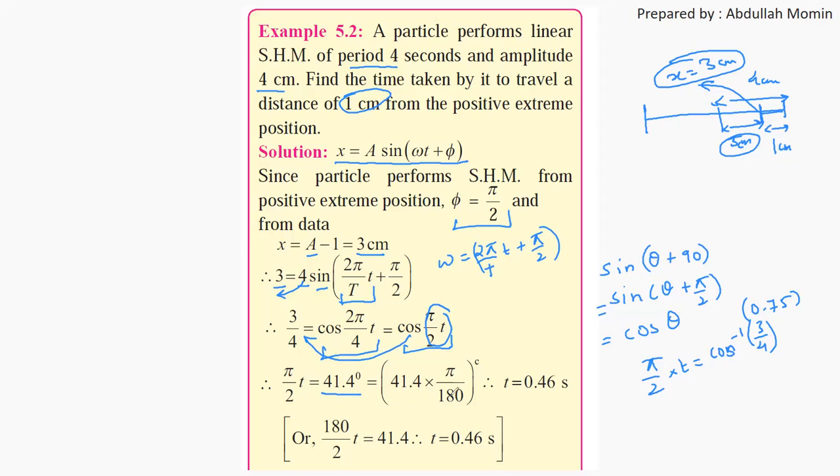You will convert it into radian, so we will multiply it by pi by 180. When you cancel this 2 pi, these two ones are 2, 90. 41 upon 90, that is 0.4 second. So t is 0.4 second.